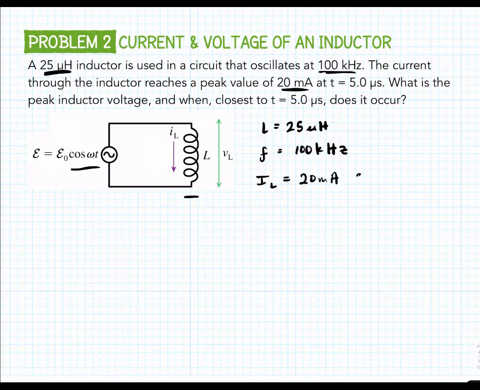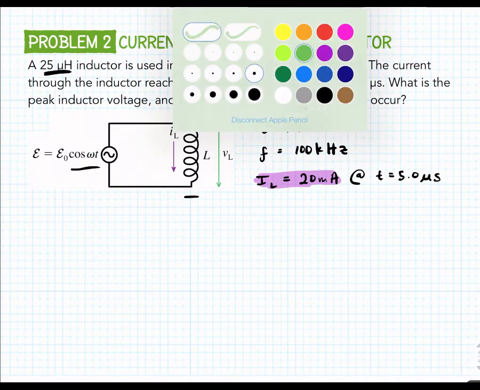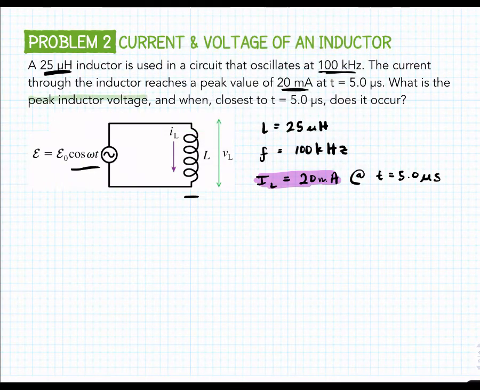So we know the peak current is 20 milliamps, and we know this happens at 5 microseconds, okay? Which won't be important until the second part of the problem. But we want to know the peak inductor voltage, and then we want to know when that happens.